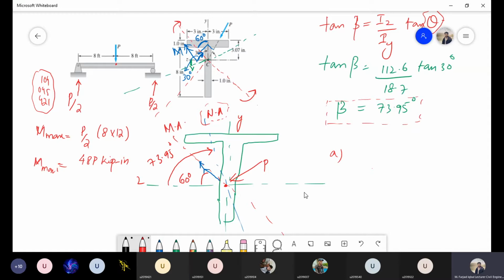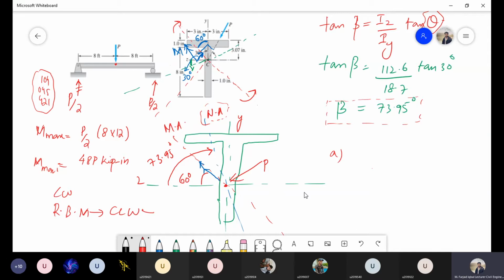Anyway, about the direction of moment, as we learned yesterday, first we have to figure out which load is producing the maximum bending moment in this beam. So we know that this P by 2 is producing the maximum moment at this point, and since it is producing the moment in clockwise direction, the resistive bending moment will be in the opposite or counterclockwise direction.